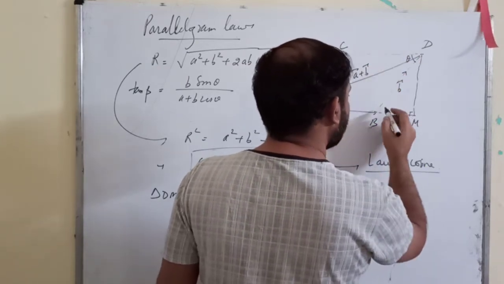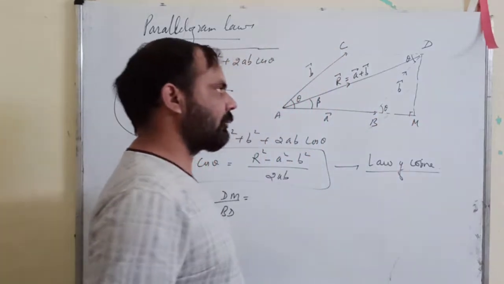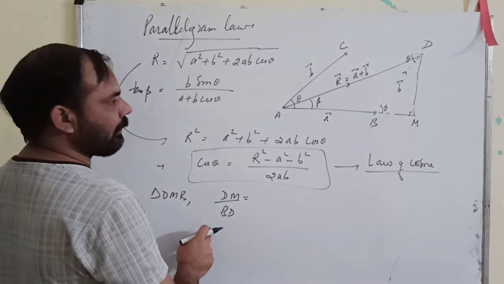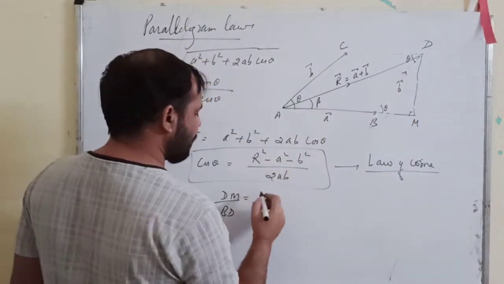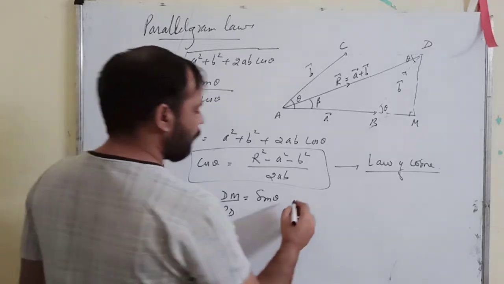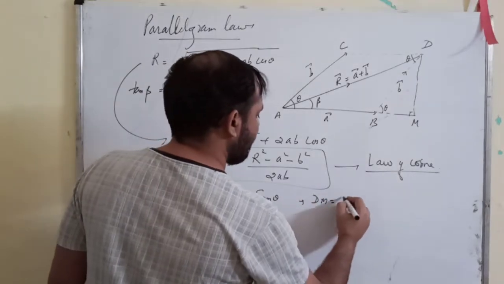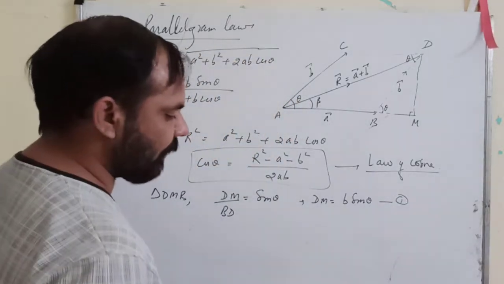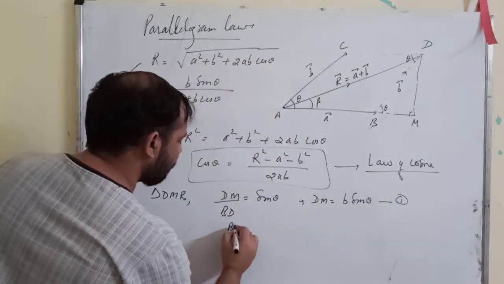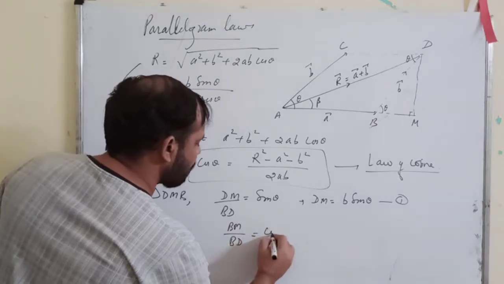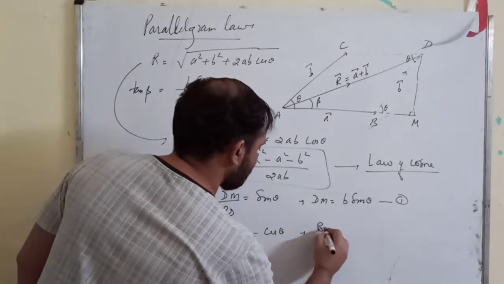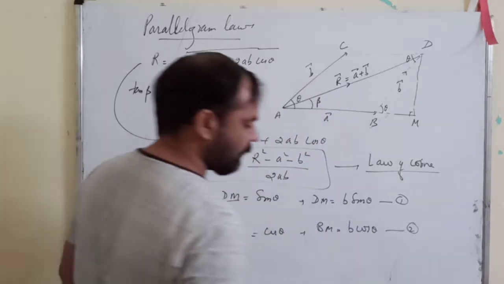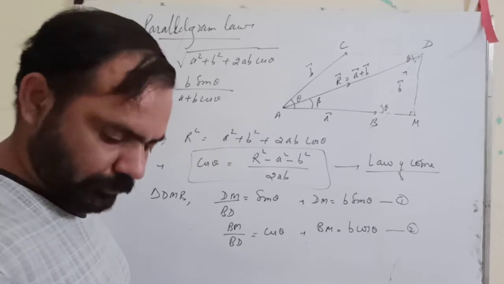What type of angles are they? Alternate angles. So this is also theta. So DM upon BD is sin theta, so DM is equal to B sin theta. Take this as 1. Similarly, BM upon BD equals cos theta, so BM equals B cos theta. Take this as second.